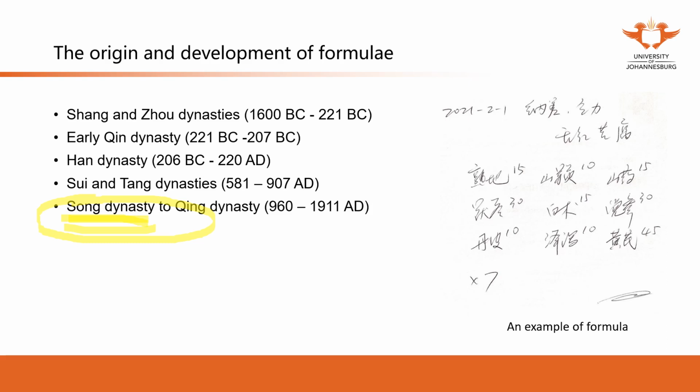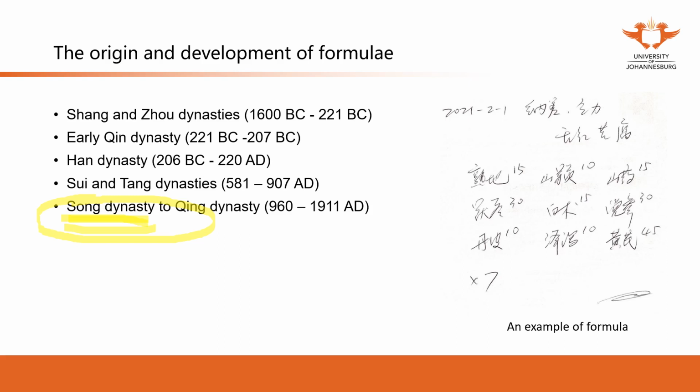We have to follow specific rules on how to compose the prescription. And along with the development of the formulae, the books that focus on formulae developed from purely description, such as keeping records of the ingredients of the herbs, into explanation using the theory from the Huangdi Neijing and other theories.